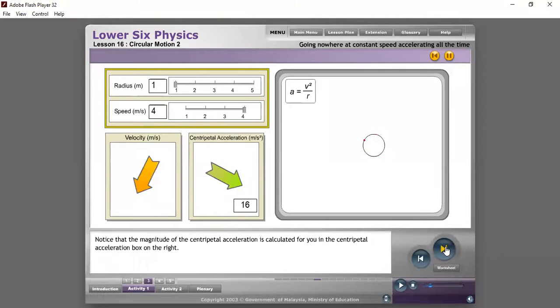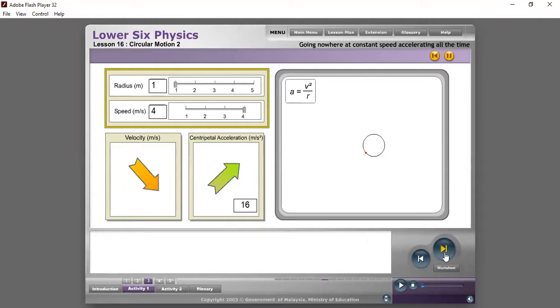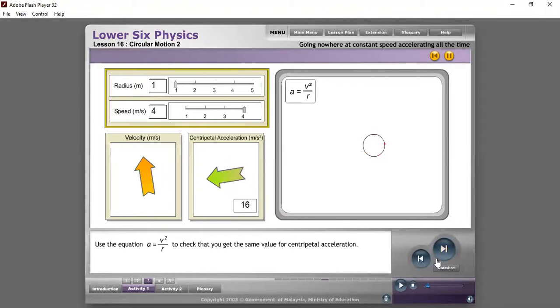Notice that the magnitude of the centripetal acceleration is calculated for you in the centripetal acceleration box. Use the equation a equals v squared over r to check that you get the same value for centripetal acceleration.